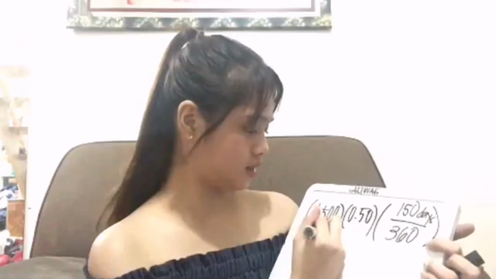So, 1,500 times 0.50 is equal to 750. And 150 days divided by 360 is equal to 0.41666667.